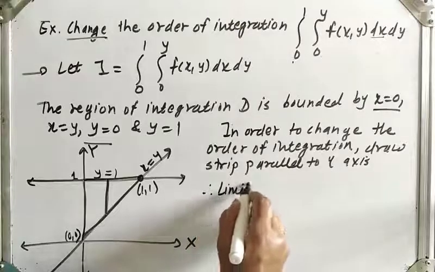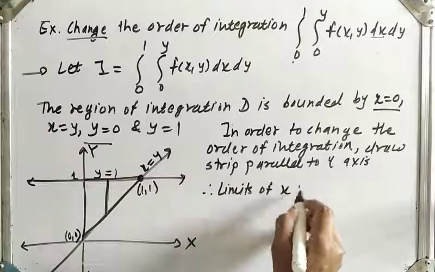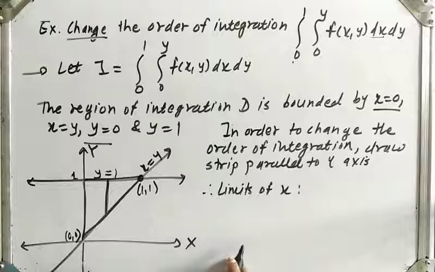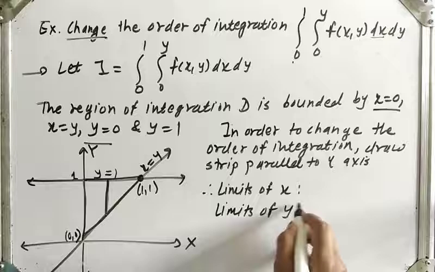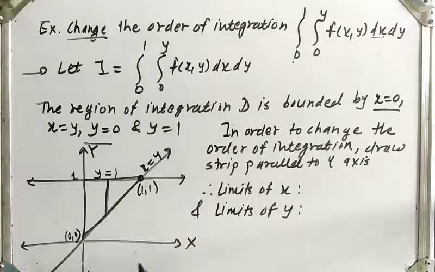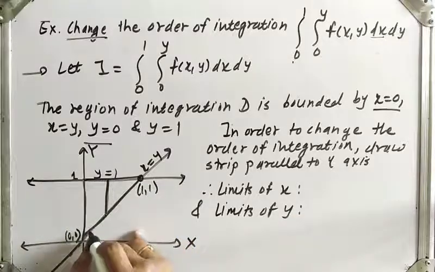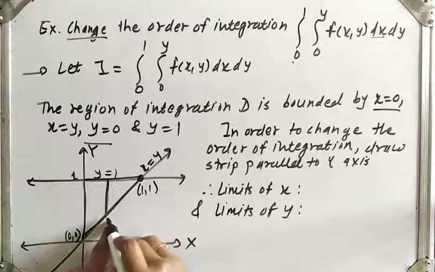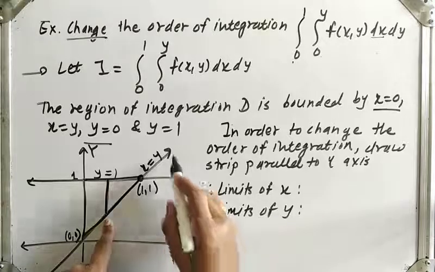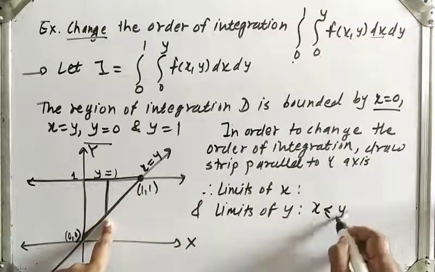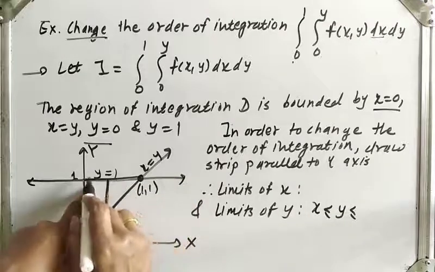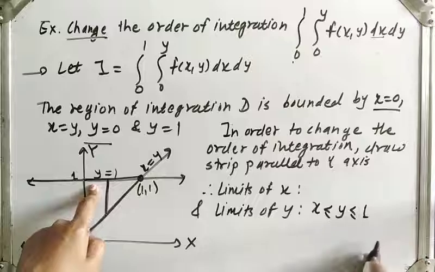Therefore, what will be the limits of x and the limits of y? Now we have taken the strip parallel to the y-axis, so the limits of y will be curves. The lower curve is y is equal to x, and the upper limit of y will be this line, which is y is equal to 1.